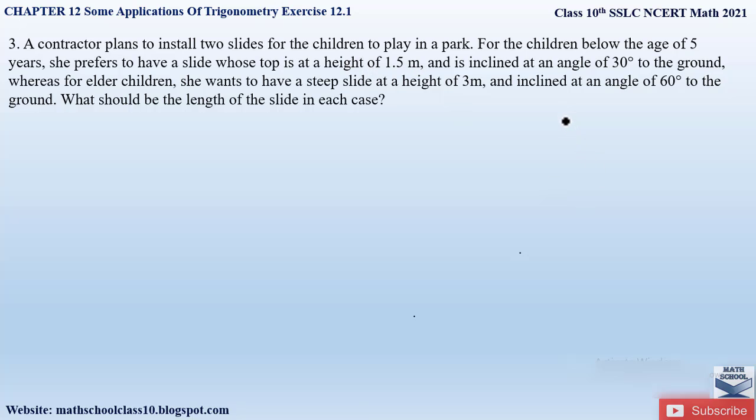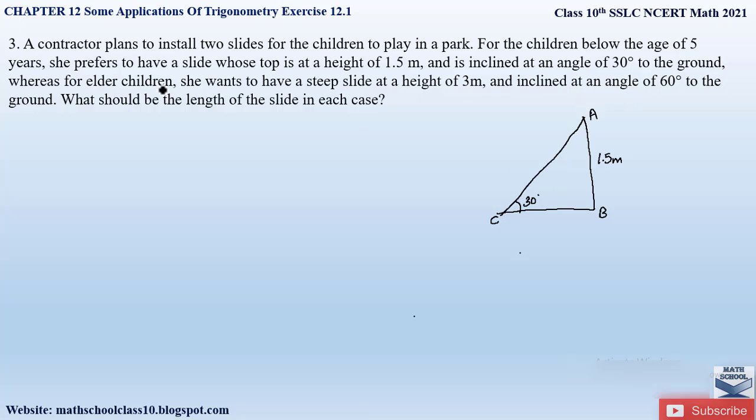So she wants the first slide to be of height 1.5 meter and inclined at an angle of 30 degree to the ground. So this is the ground level and this slide should be inclined at 30 degrees to the ground. If we name this vertical height AB and the slide AC.